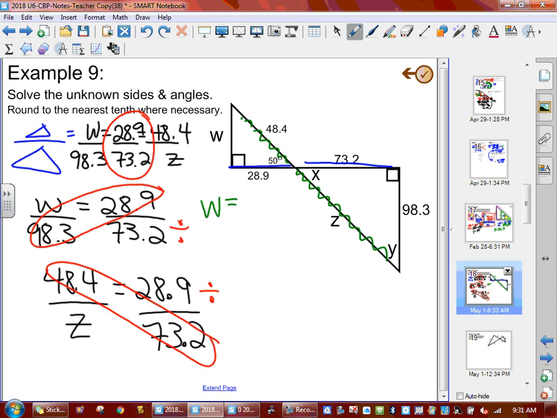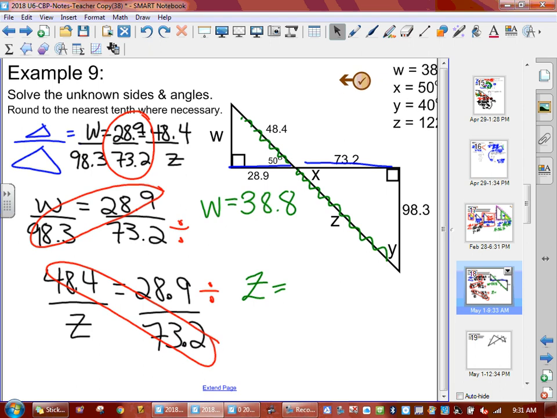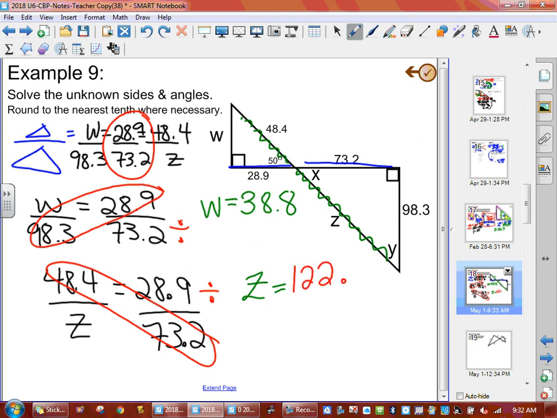It is 38.8. And now we want Z. Who's got Z? It is 122.6. All right.